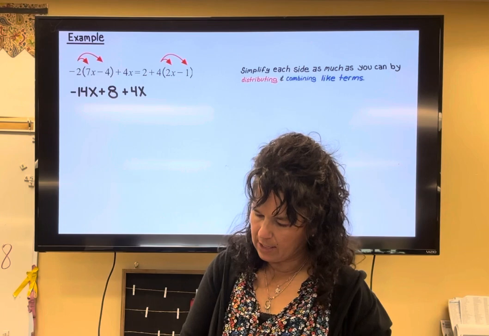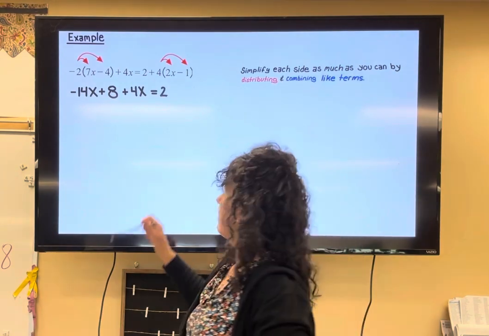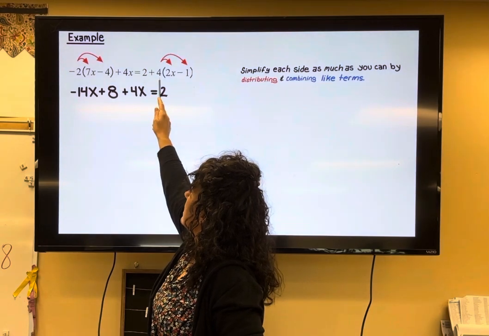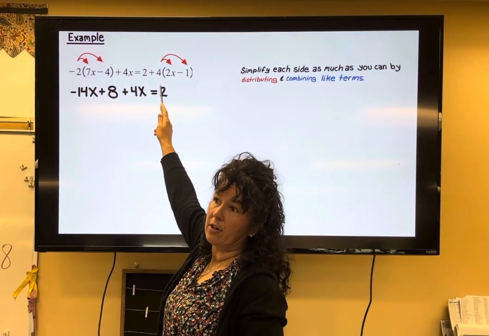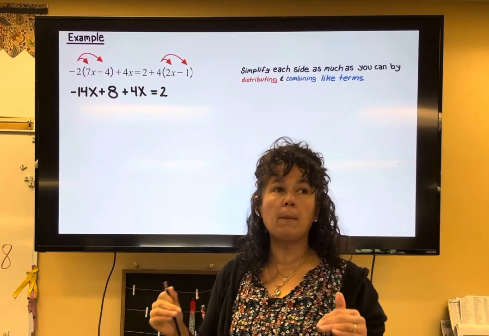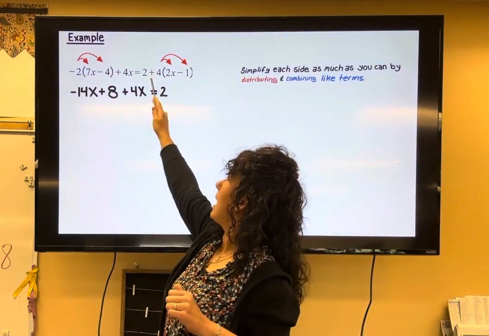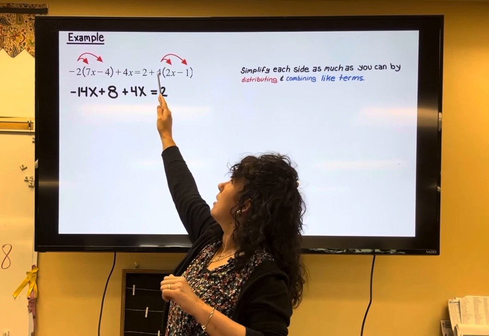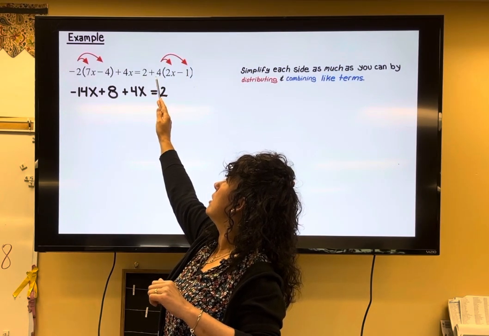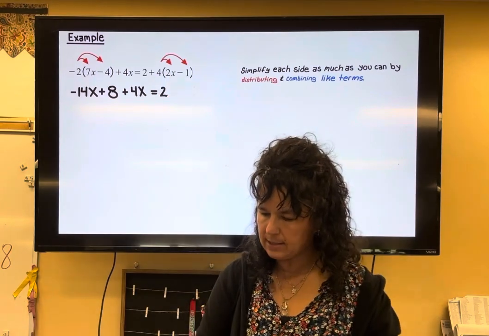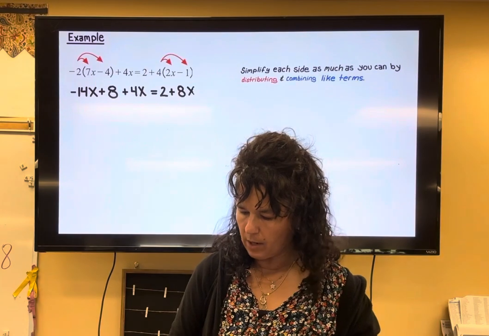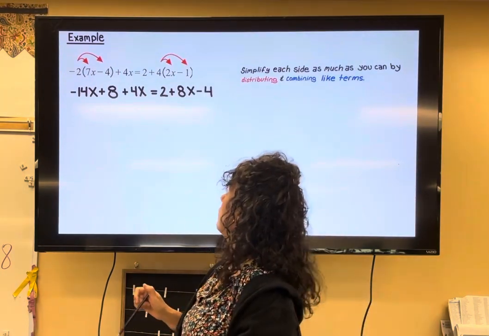Okay, then bring down that equal sign. All right, then this 2 comes down. Don't accidentally add those two numbers together because we're doing multiplication before addition. We're following PEMDAS, so it's common to accidentally add those together. But distributive is multiplication followed by the addition. So 4 multiplied by 2x is 8x, and then 4 multiplied by negative 1 is minus 4.